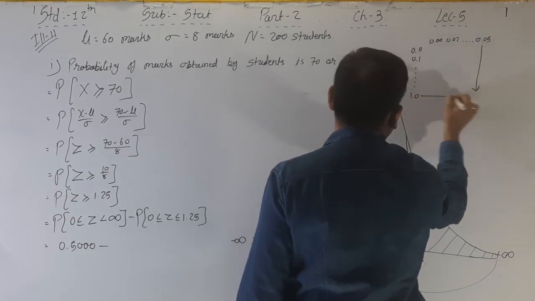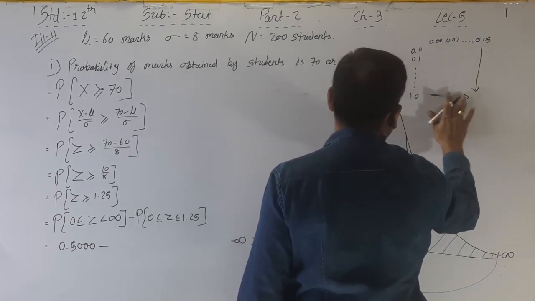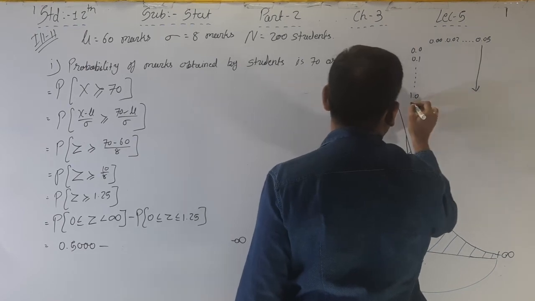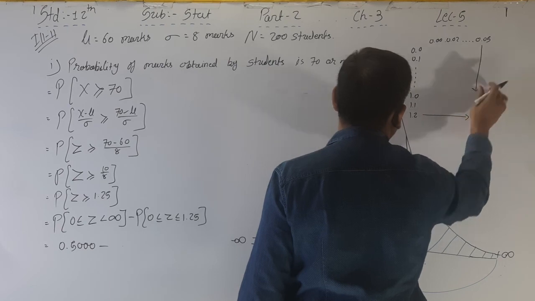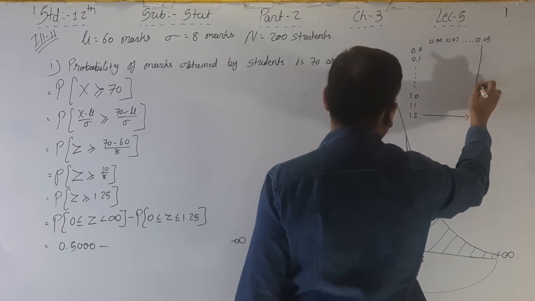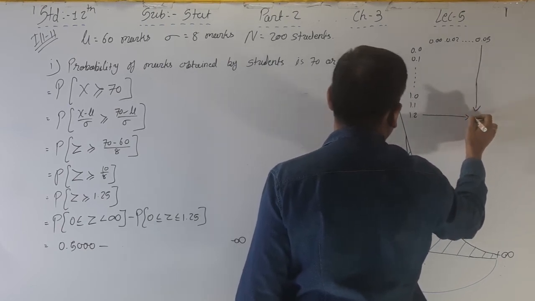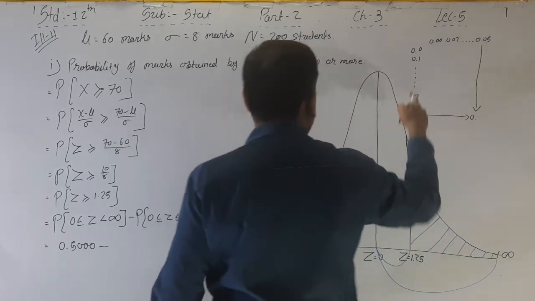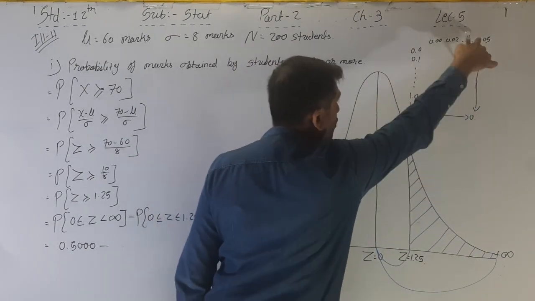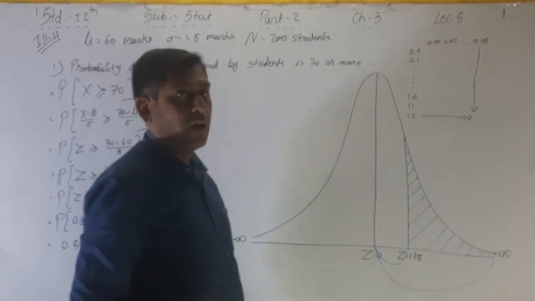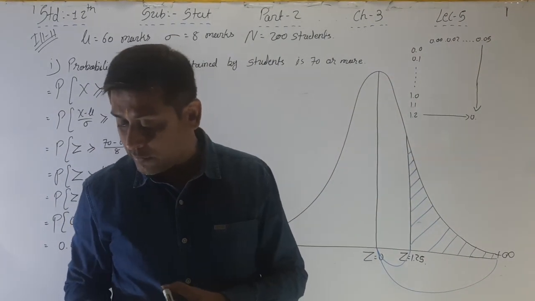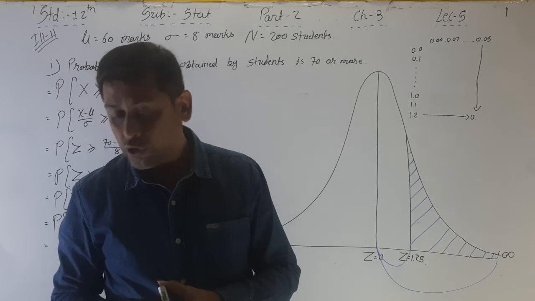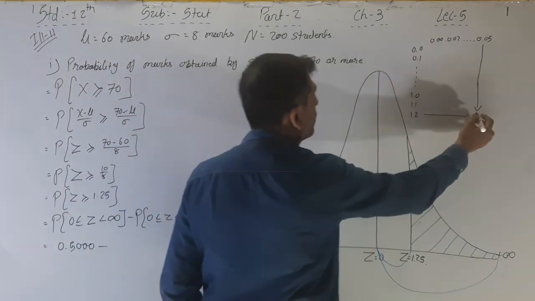So here, sorry, not here, after 1.1 and 1.2, from here the intersection of this point is your area: 1.2 and 0.05, the fifth column, and here 1.2. So here the answer is 0.3944.